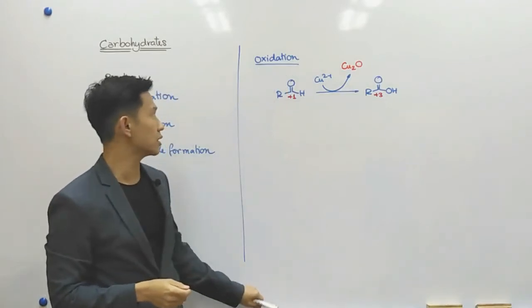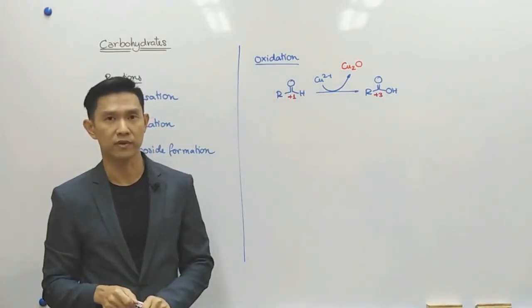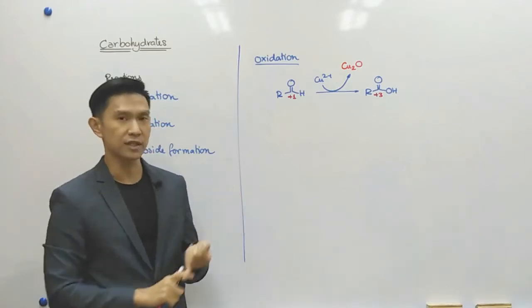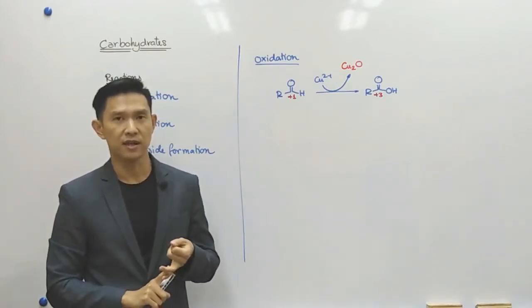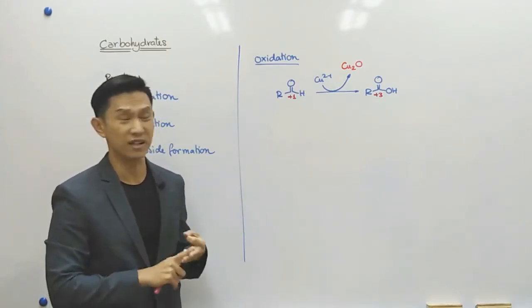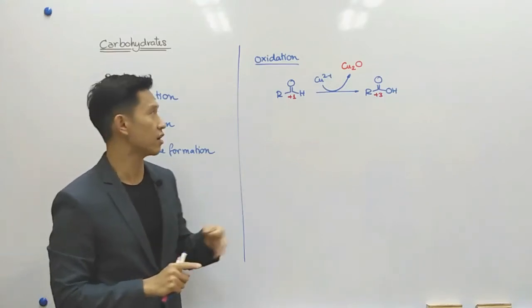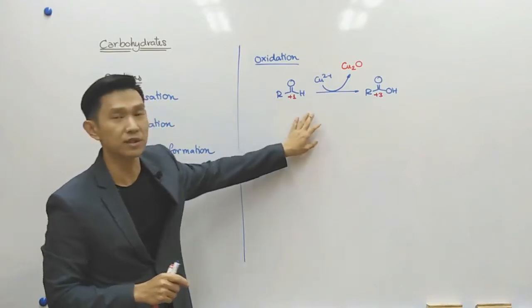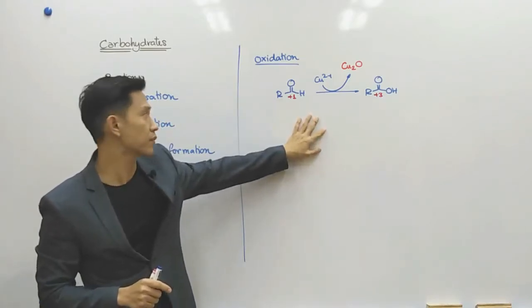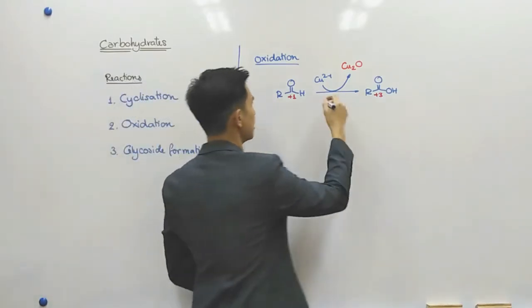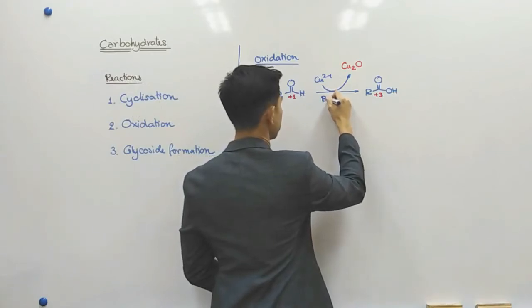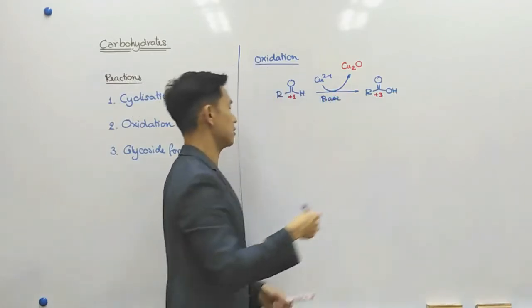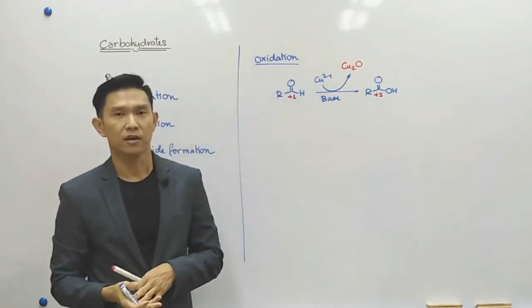And this is called the Benedict test. We actually have the Benedict test, Fehling test, and also Tollens test that can selectively oxidize your aldehyde, but I show you just this reagent, copper-2 ion. This reaction takes place in basic solution.